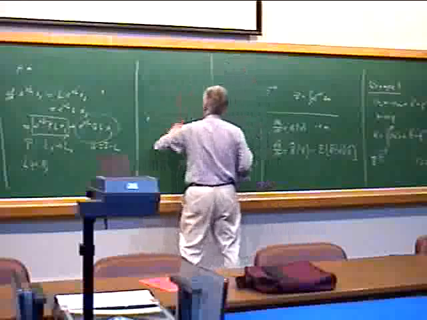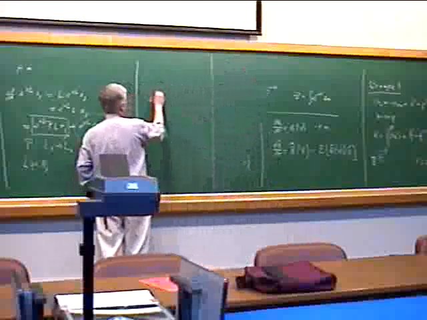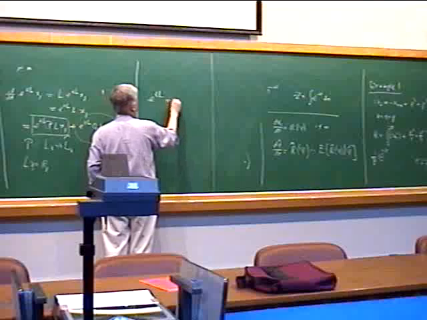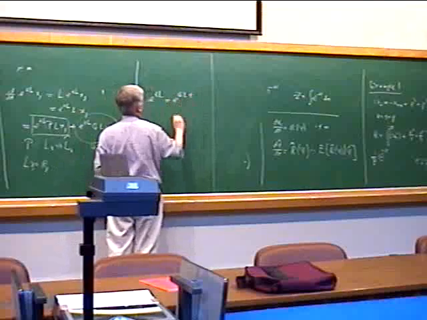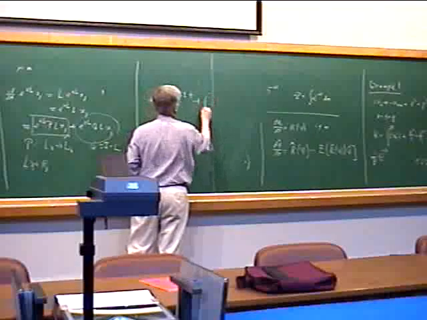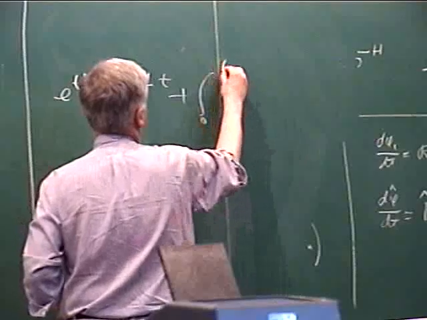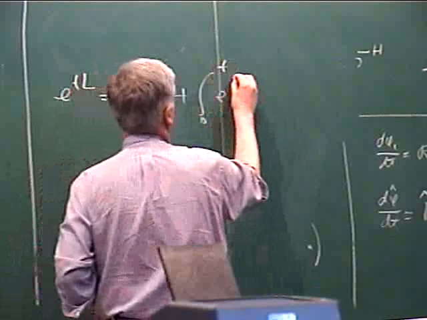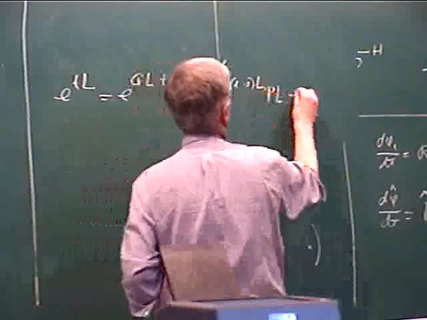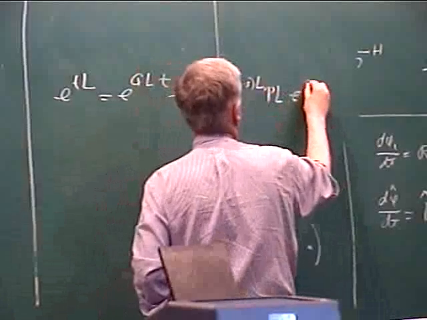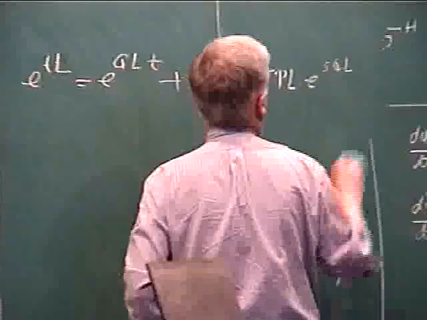You can simply write, here's an identity, e to the power TL equals e to the power QL times t plus the integral from 0 to t of e to the power t minus s times L times PL times e to the power s QL ds.